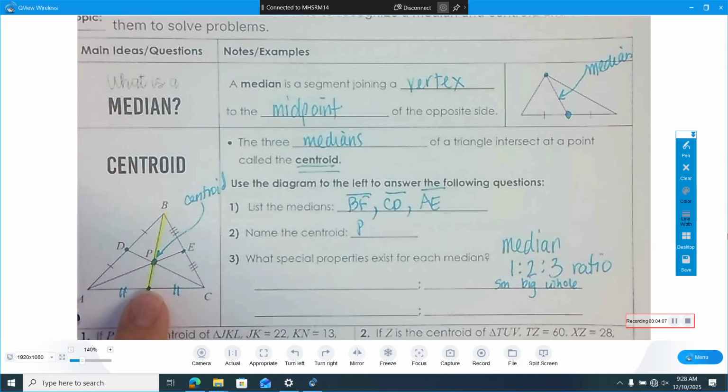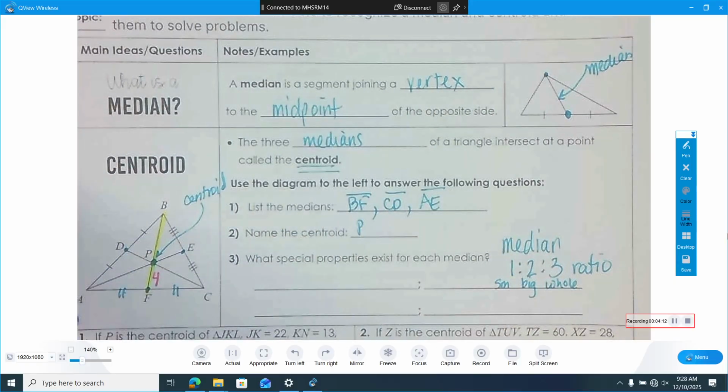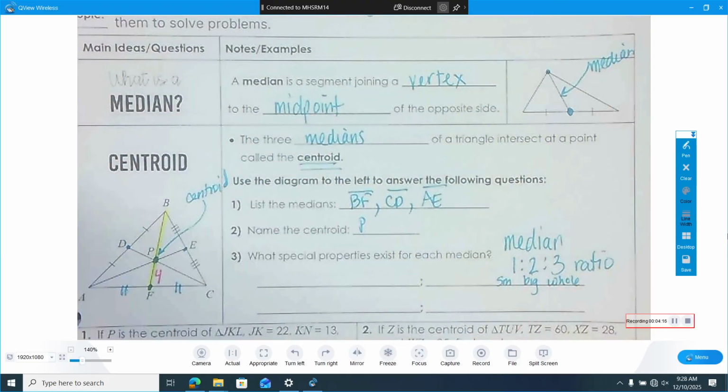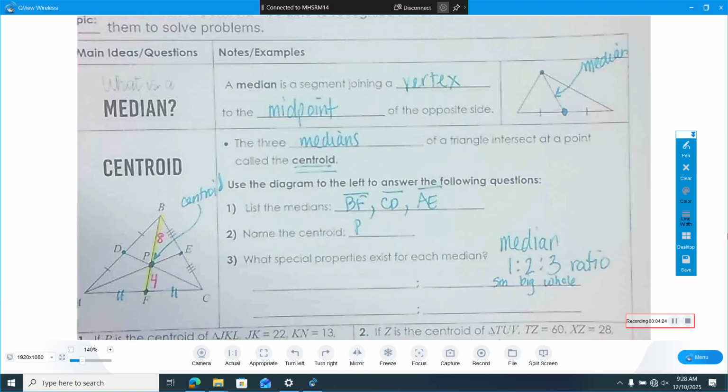If I know the small piece, let's pretend the small piece has a length of 4. The bigger side of that median is going to be 8 because it's twice as big. Okay? So it's 8.